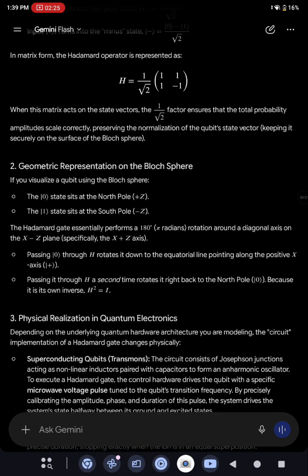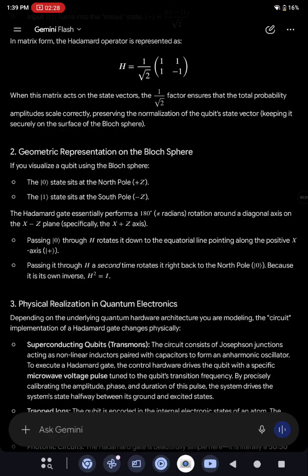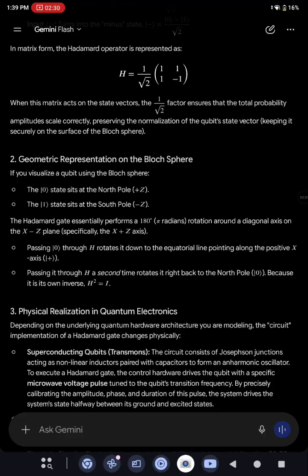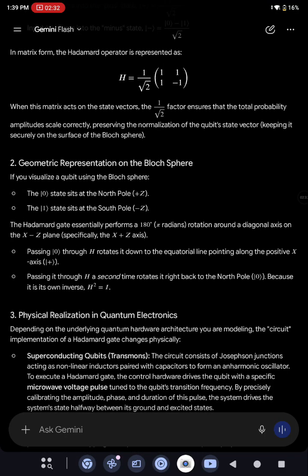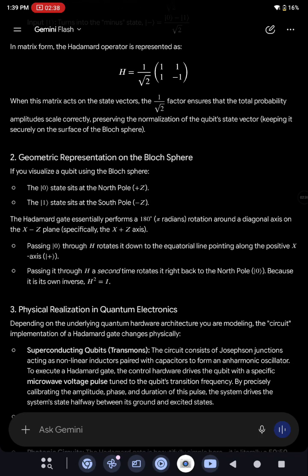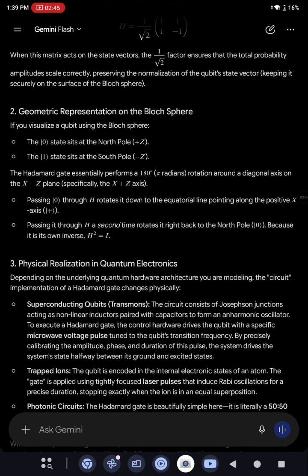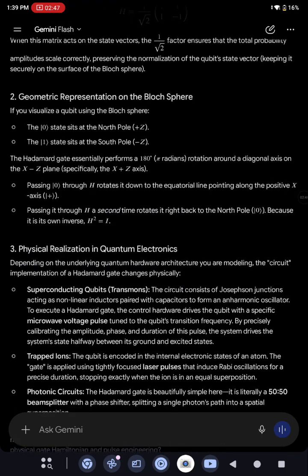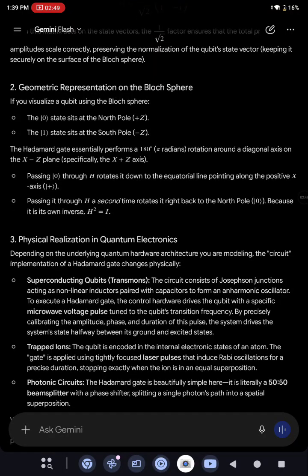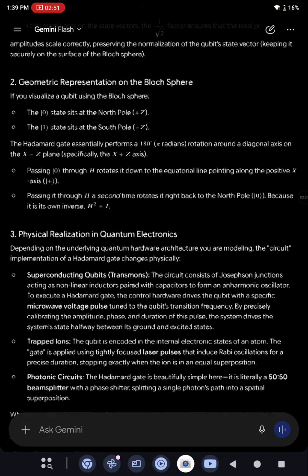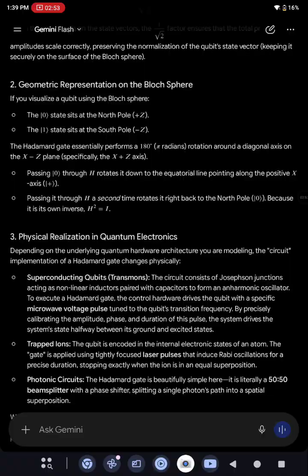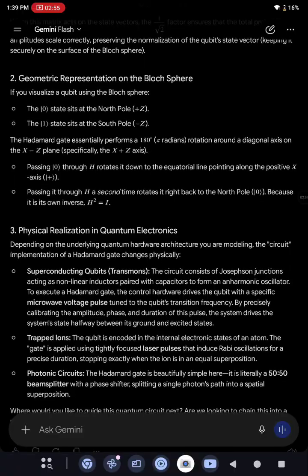In matrix form, the Hadamard operator is represented as 1 over square root of 2 times the matrix 1, 1, 1, negative 1. When this matrix acts on the state vectors, the 1 over square root of 2 factor ensures that the total probability amplitudes scale correctly, preserving the normalization of the qubit state vector, keeping it securely on the surface of the Bloch sphere.